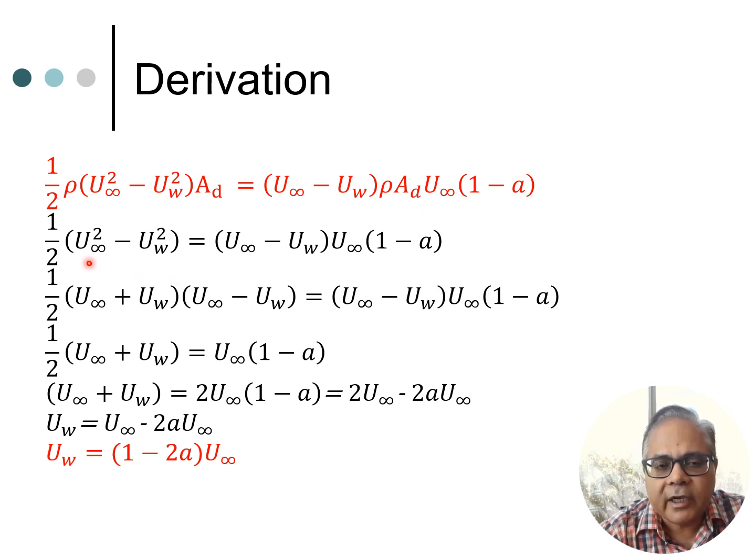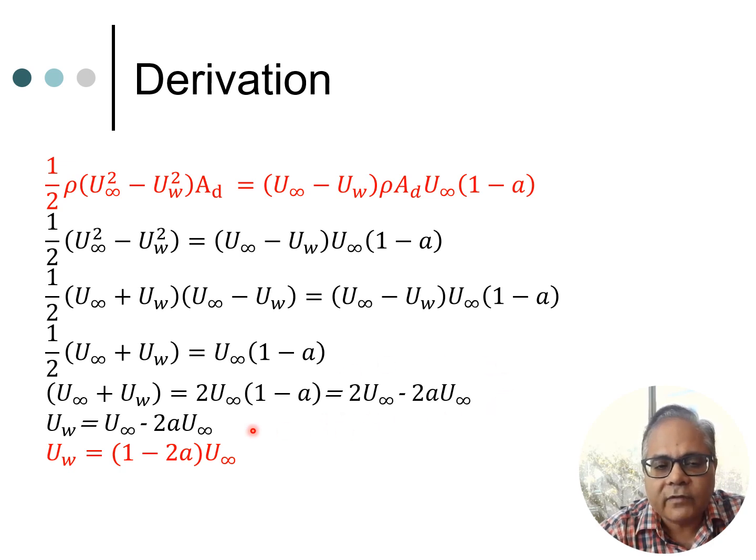Then remembering that a square minus b square can be written as (a plus b) into (a minus b), I get this equation here. And then I can cut off this term U infinity minus Uw from both sides, and then I get here this term, and then I further simplify it, and then expanding it out we get this term here.